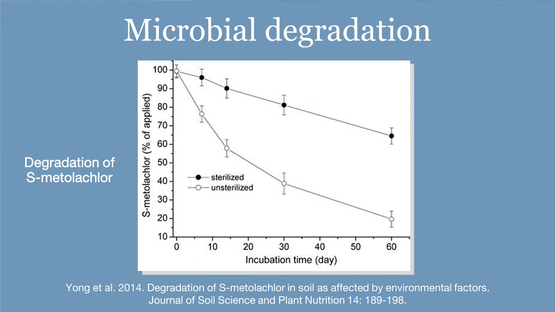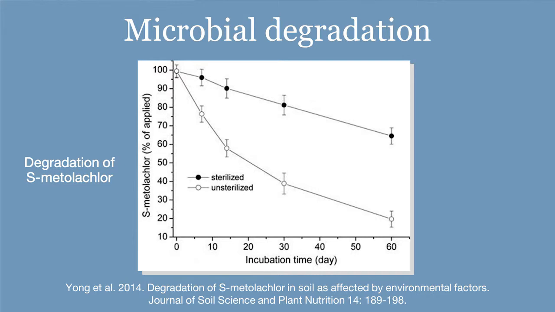So this is some data looking at S-metolachlor breakdown in soil that's been sterilised, so all the microbes have been killed, or soil that's been unsterilised, so the microbes are still there. And so what we've got is the amount of herbicide that's left, so the percentage of applied that's still left, looking at incubation time in days.